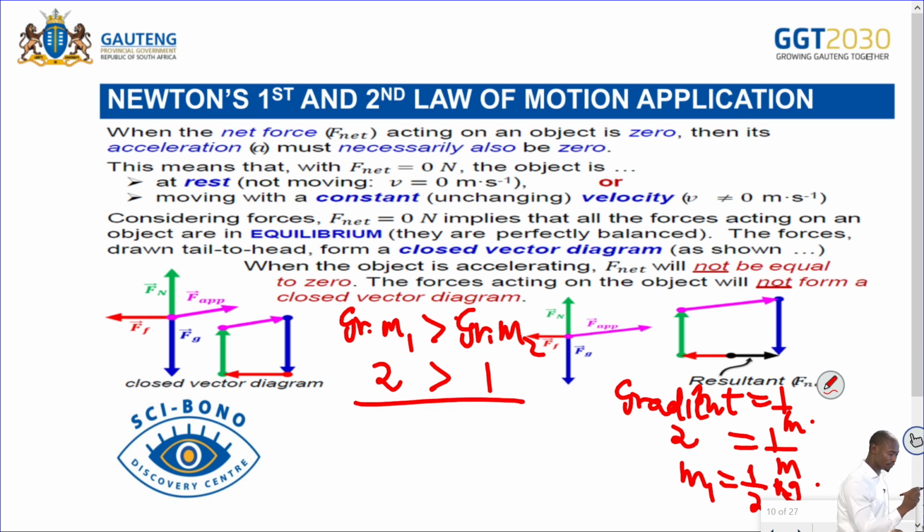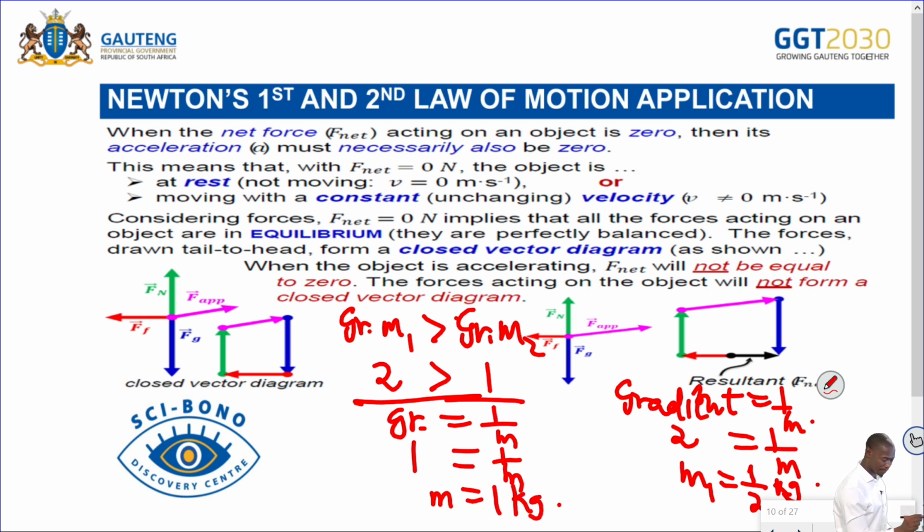For m2, gradient equals 1 over m. What is the gradient of line m2? It's 1, right? Then this equals 1 over m, which means that mass would be 1 kilogram. Okay?